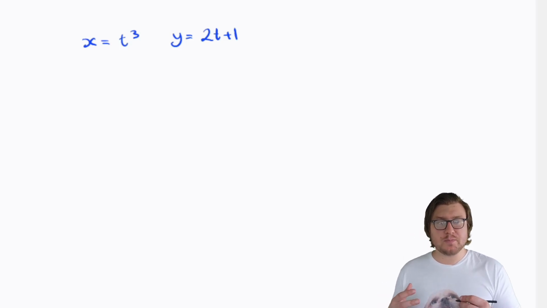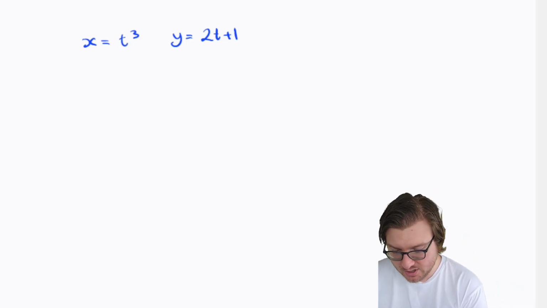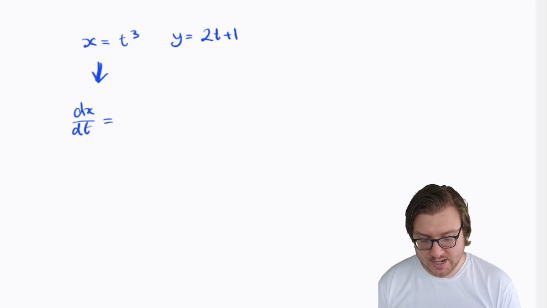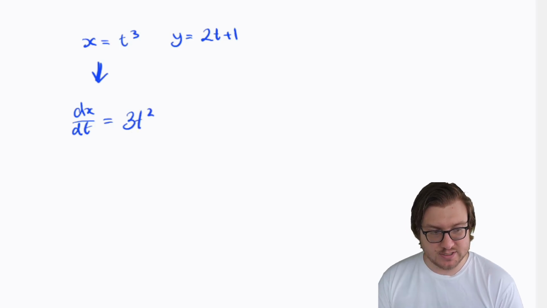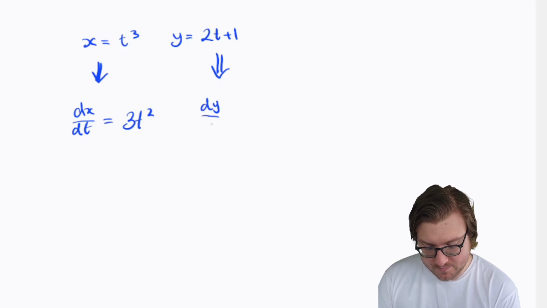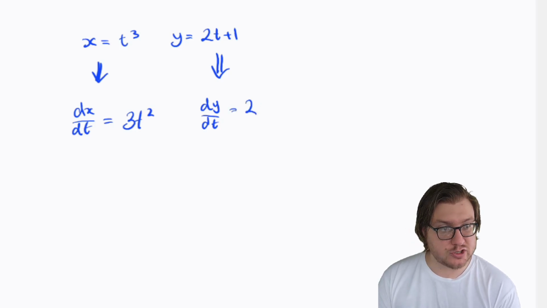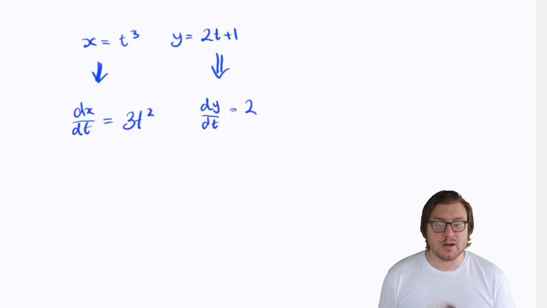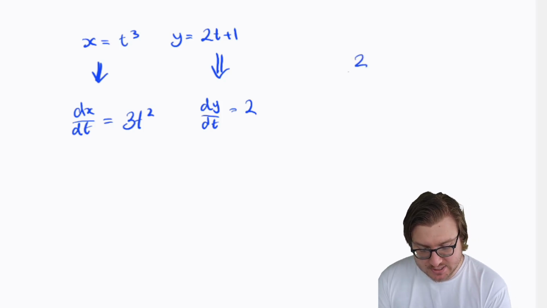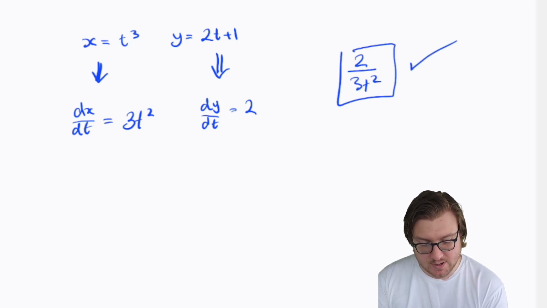So using parametric equation procedures from this one here, we get dx/dt is equal to 3t squared, whereas on this part, we get dy/dt gives us just 2. So now, if you remember the formula, it was dy/dt divided by dx/dt, 2 over 3t squared, which is going to be our answer.